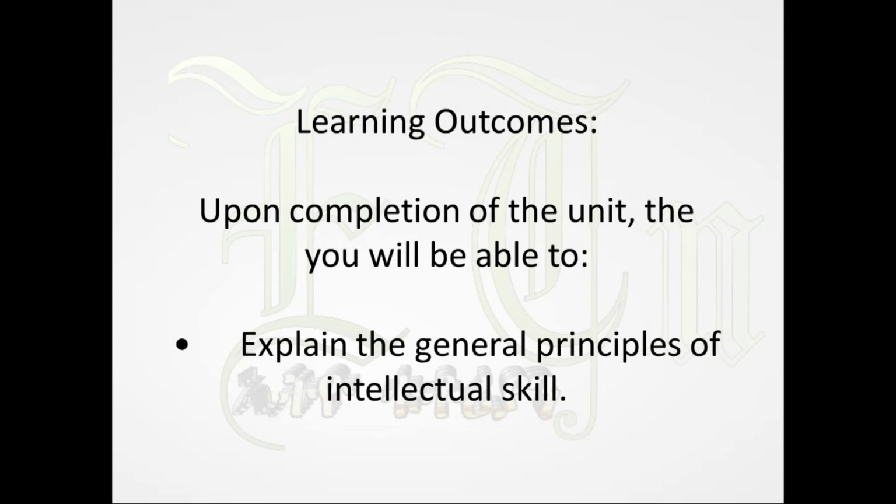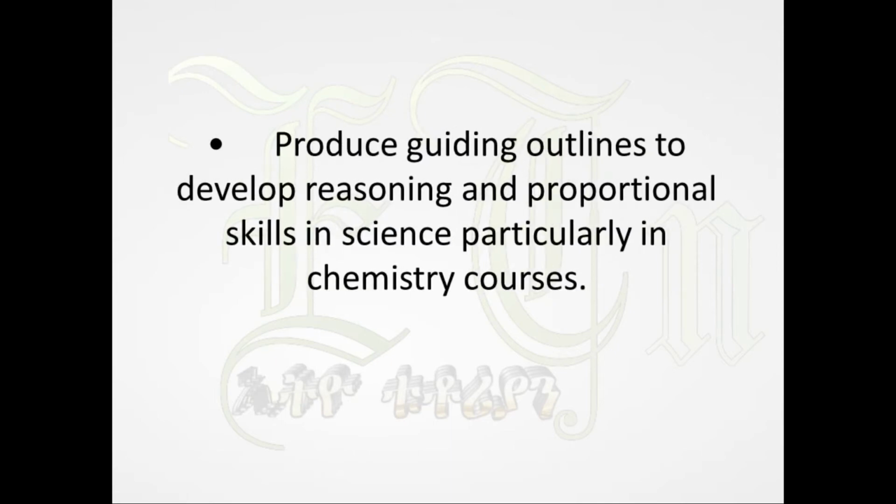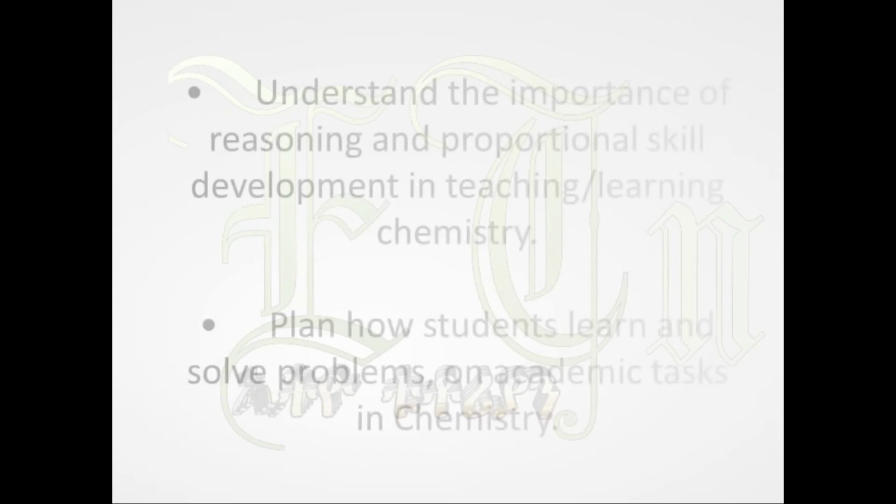Learning outcomes. Upon completion of the unit, you will be able to explain the general principles of intellectual skill, identify factors affecting intellectual skill development in learning chemistry and develop systems to overcome such factors, and produce guiding outlines to develop reasoning and proportional skills in science, particularly in chemistry courses.